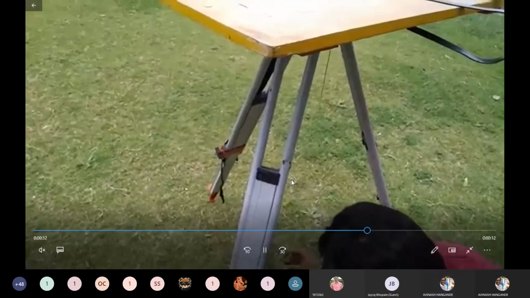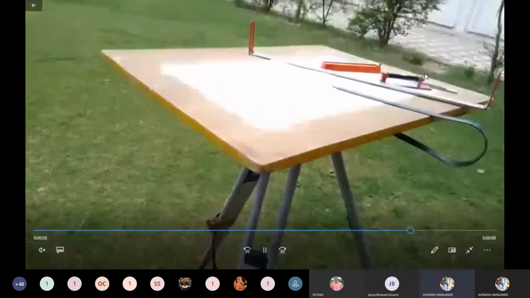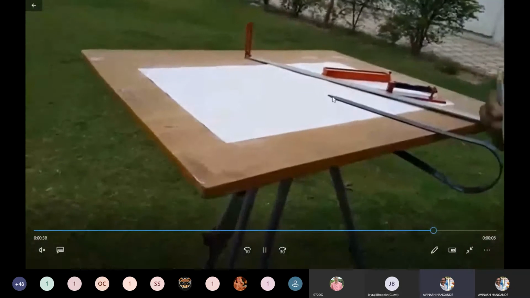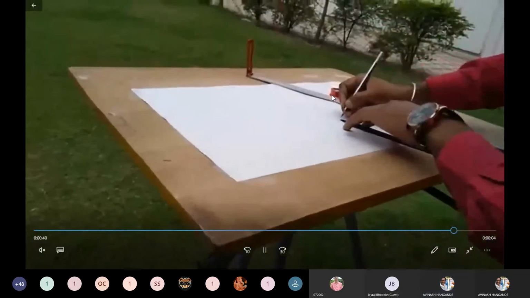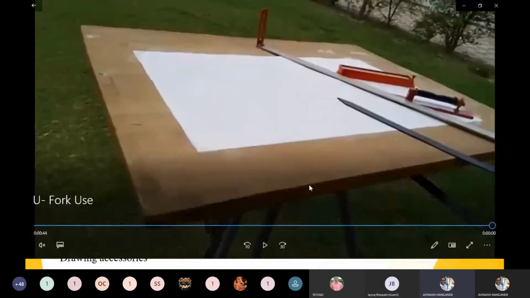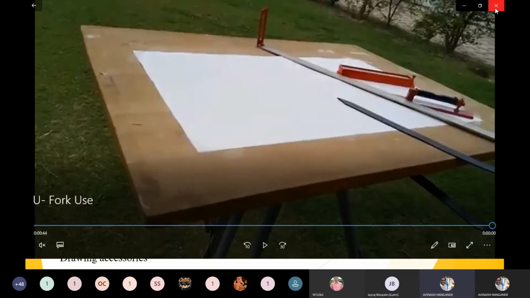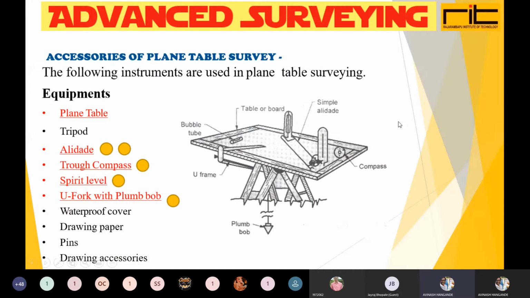Remember that that is not a good practice. After that we are marking that with this pencil, and we have to give a name to that point. So let us say that point is the O point, or P point, then P should be in small letters. Remember, whatever station point you are marking or plotting on this drawing sheet, it should be named by small letters. So that is the most important thing that we are studying.